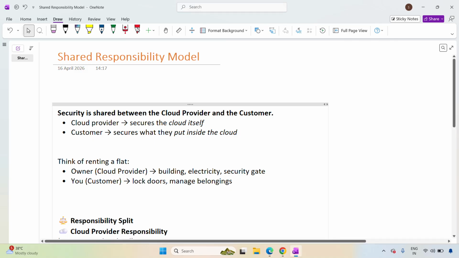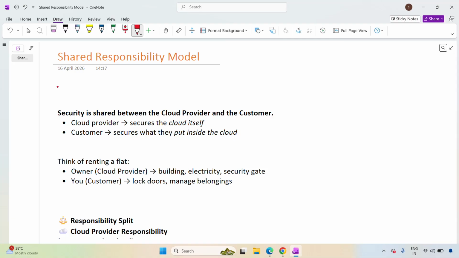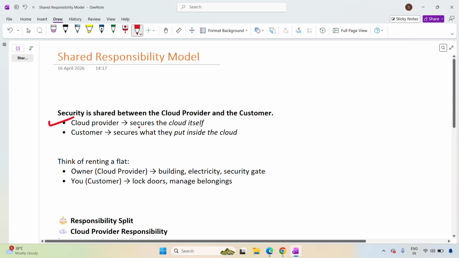Now, what is the shared responsibility model? As the name suggests, it is not only one person's responsibility, it is the responsibility of both entities, the cloud provider as well as the customer. The cloud provider is responsible to secure the cloud.